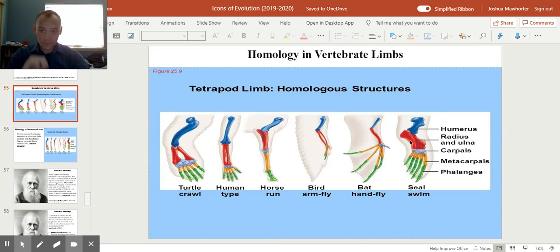The argument goes, as you may be able to tell, that because we have these similar structures in our human arm, the horse, the bird, the bat, that we have these homologous structures, we have structures that are similar, that therefore we must have in our past all shared some sort of common ancestor, whether distantly or more recently.